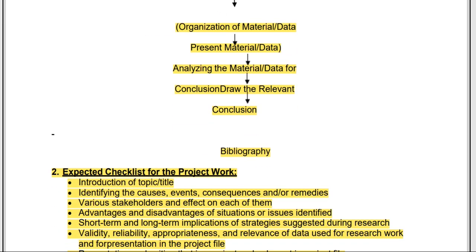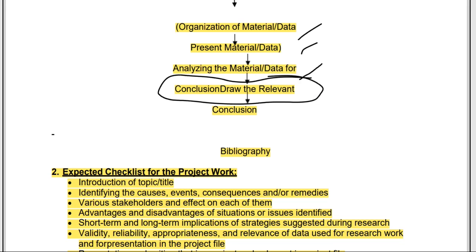Next is organization of material or data. You collected your data, your material at a place. Now it's up to you how you organize that. Next, present your data or material, analyzing it for conclusion, drawing the relevant conclusion, because conclusion has 2 marks.